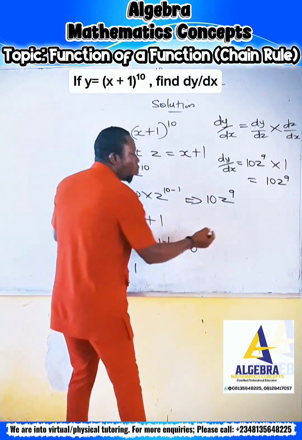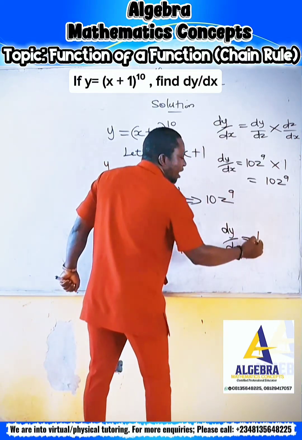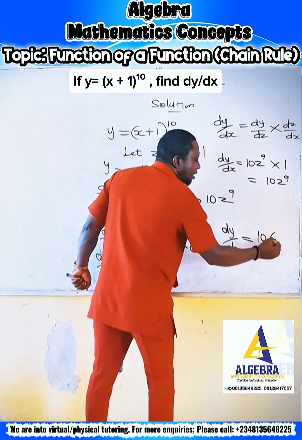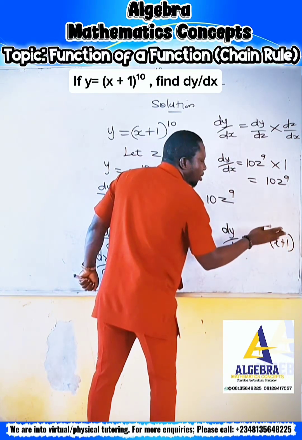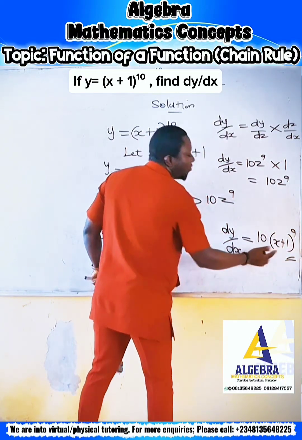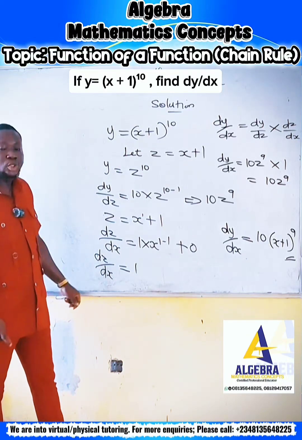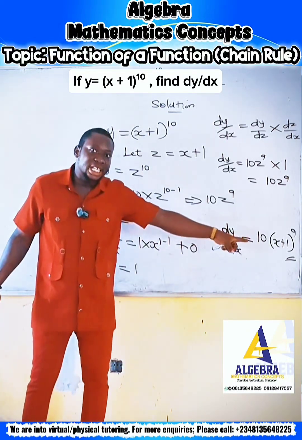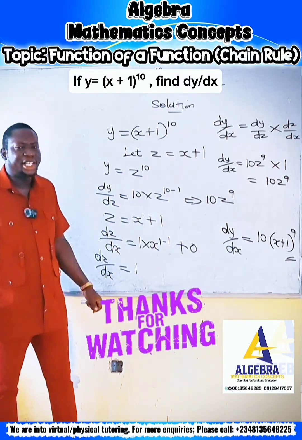So I will have dy over ds equals 10, open bracket, s plus 1, close the bracket, to the power of 9. This is my final answer. So if you differentiate (s plus 1) to the power of 10, your answer is going to be 10 times (s plus 1) to the power of 9. Thank you. God bless.